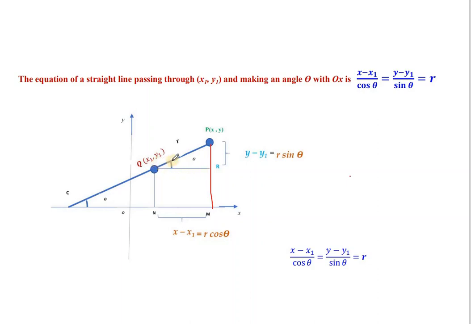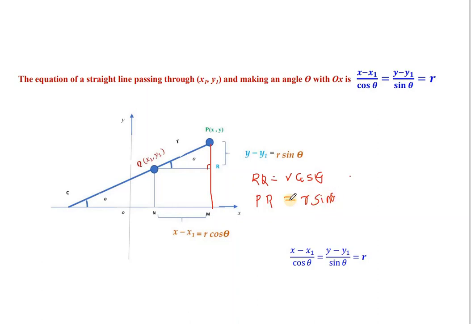So, from this right angle triangle, we can easily see that when we consider this distance, call it RQ, then from the diagram we can see that this RQ is nothing but r cos theta. And if we consider this distance, that is PR, then PR is nothing but r sin theta.